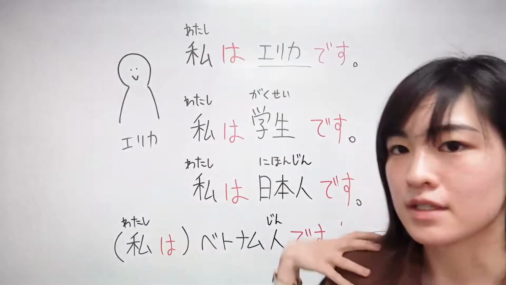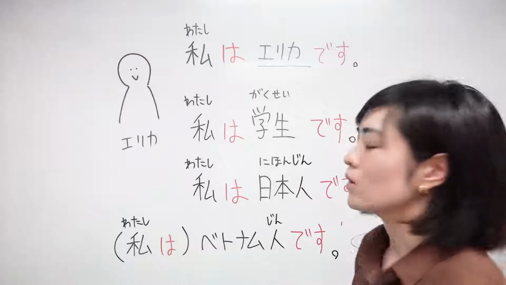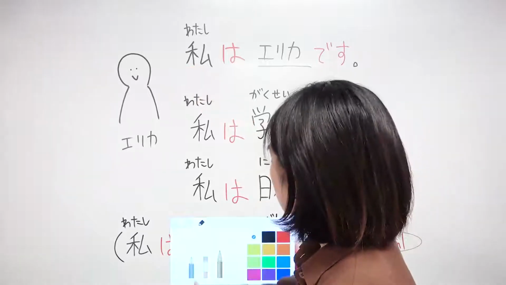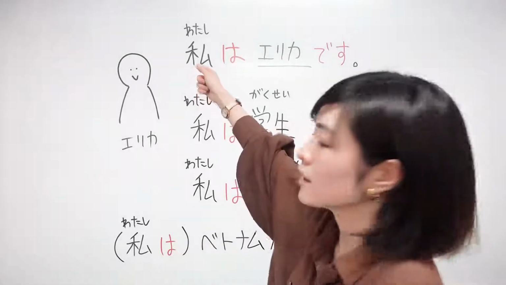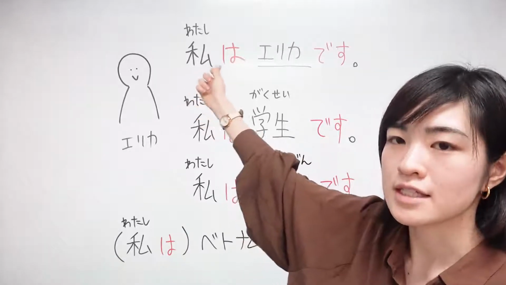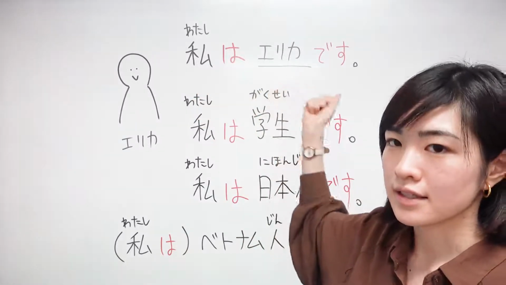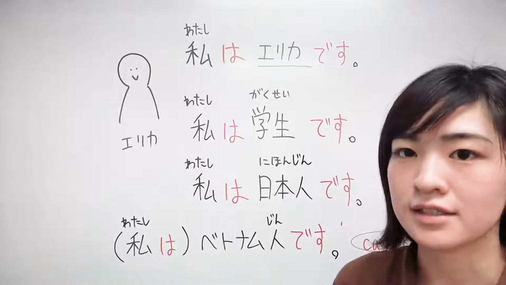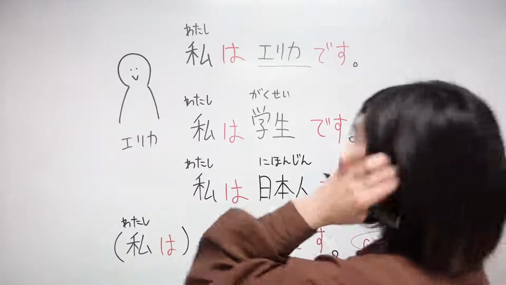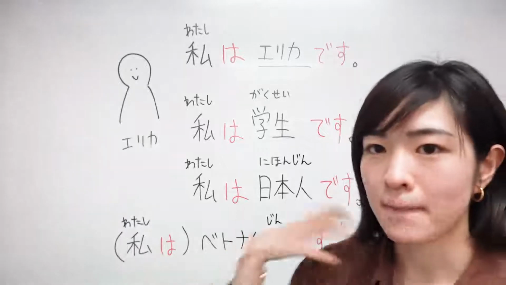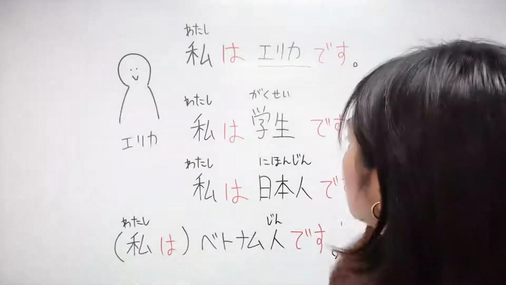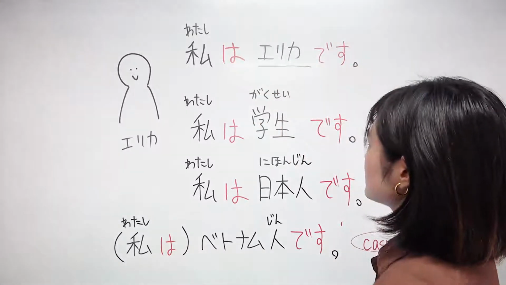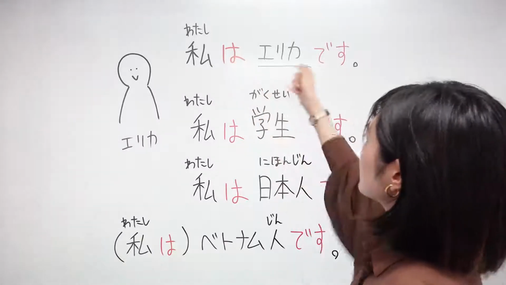When I want to say, I'm Erica, you say, 私はエリカです。Okay. 私, this means me, I. So, 私はエリカです. This means I am Erica.